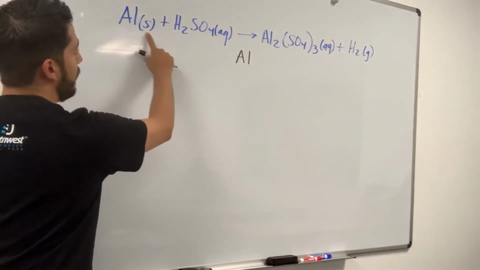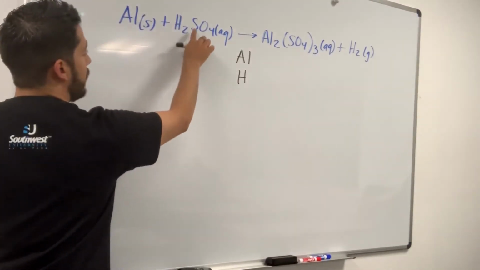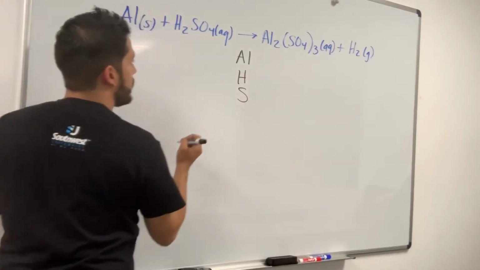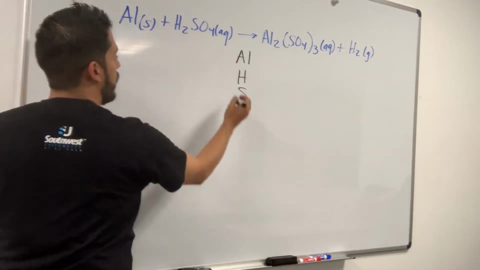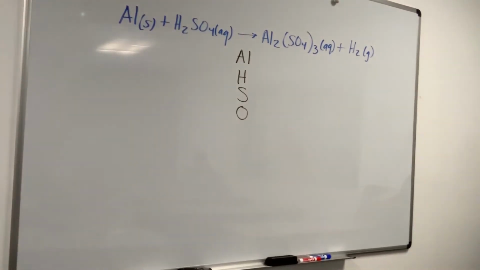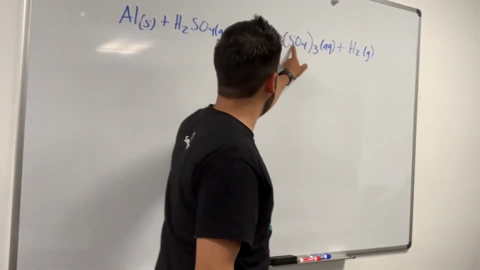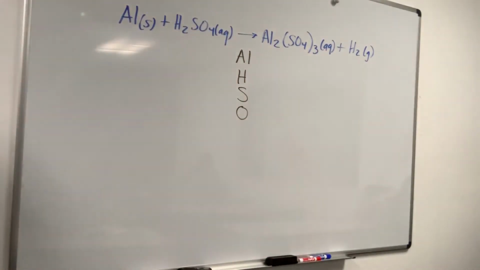What else do we have? Hydrogens, sulfurs, and oxygens. Those are all the elements that we have, right? And they should exist on both sides. So we count the right side: we also have aluminum, hydrogen, sulfur, and oxygen. Same on the left and right side.